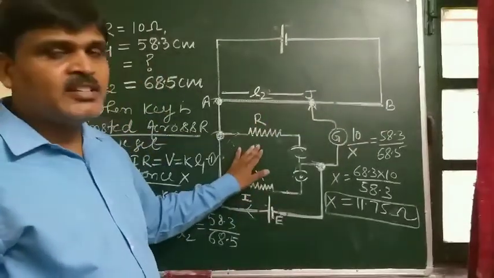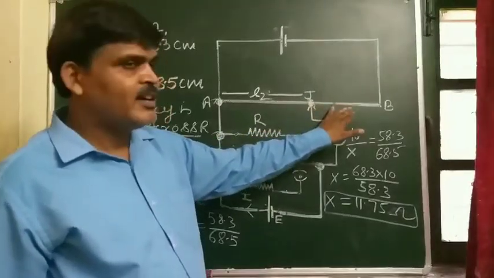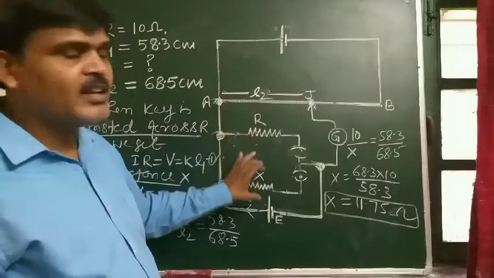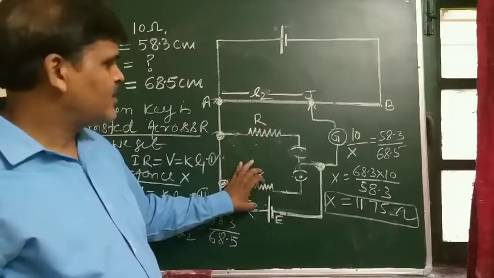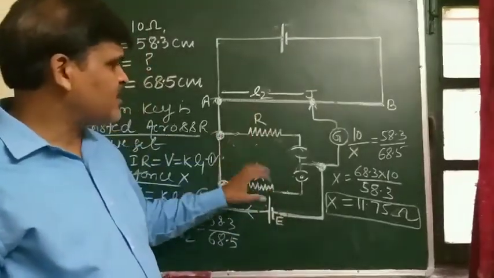To get the balancing point on the potentiometer wire, we need to reduce the current across R and X.